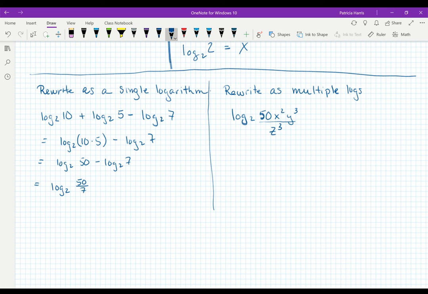Okay, so division changes to subtraction, sorry. Okay, and all of that multiplication, the 50 times the x squared times the y to the third, that would change to addition.